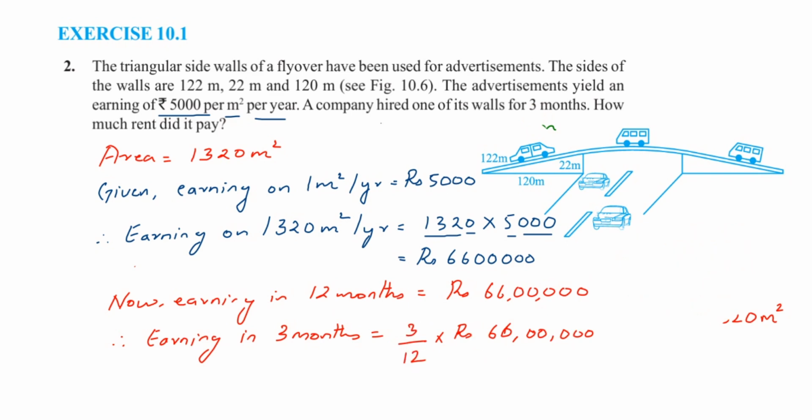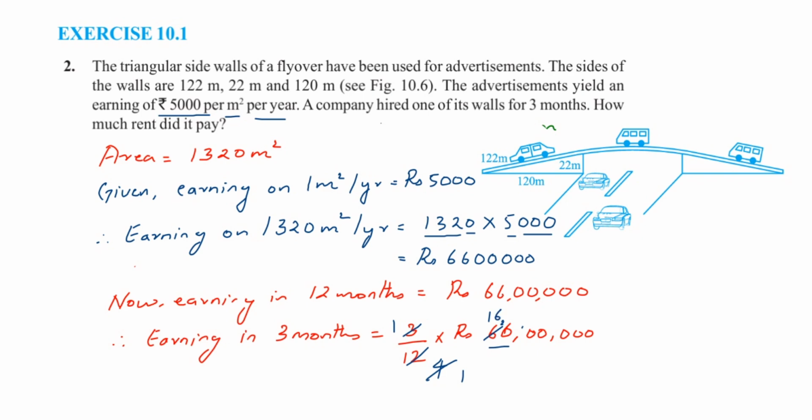So let's calculate this. You have to simplify this. You can cancel 3 and 12, 3 ones are 3 and 3 fours are 12. Now this you can directly cancel. 66 lakhs is divisible by 4. You can directly cancel it. 4 ones are 4. Now let's cancel this number. First we have 66, so let's take 6 here. 4 ones are 4. We get 2 as a remainder. Now we have 26. 4 6s are 24.